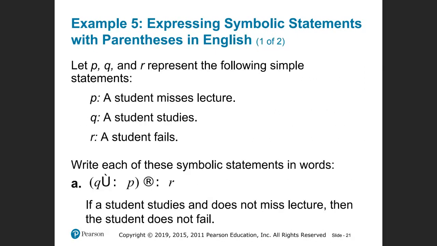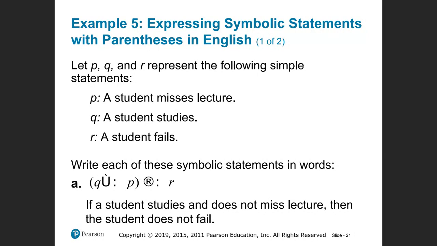Example 5, expressing symbolic statements with parentheses in English. And again, we've got the weird symbols. We're letting P be a student misses lecture, Q a student studies, and R a student fails. So we want to write these symbolic statements in words. You can tell that it is a matter of grouping because we've got the parentheses.